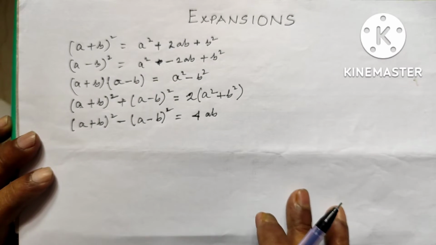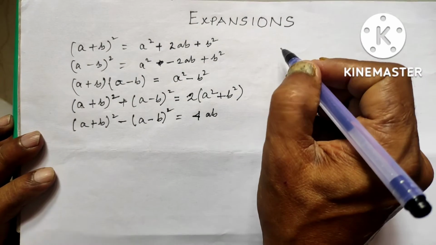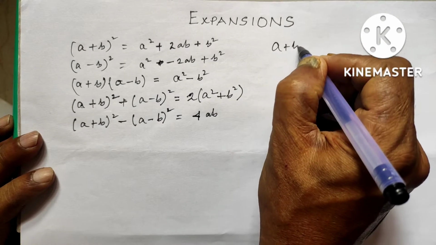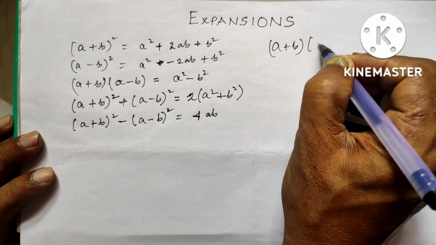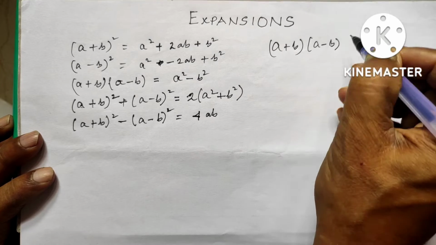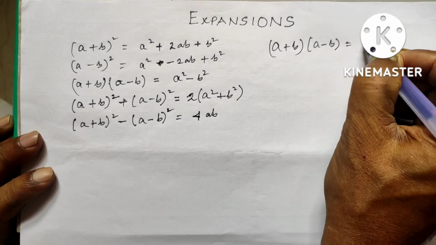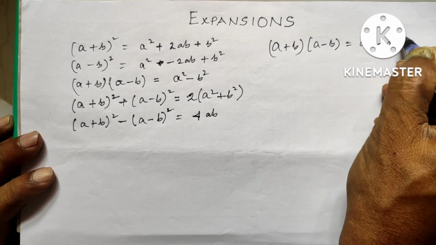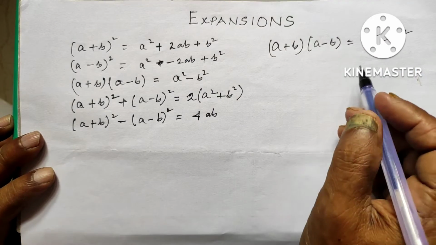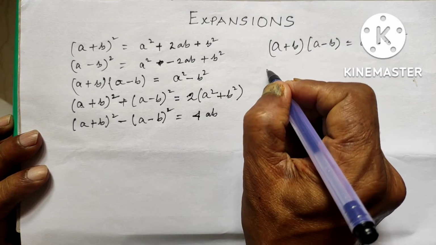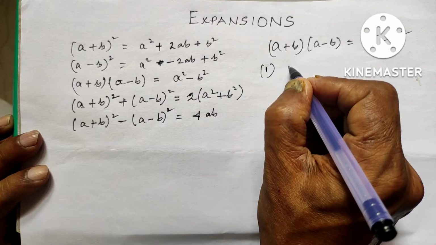Remember it. So, now today I am going to do (a plus b) into (a minus b) equals a square minus b square formula. We are going to apply this formula in working out some of the sums. Let us do some sums.